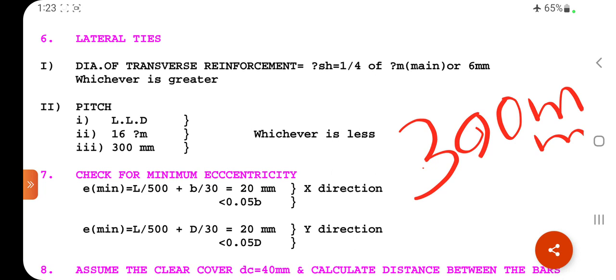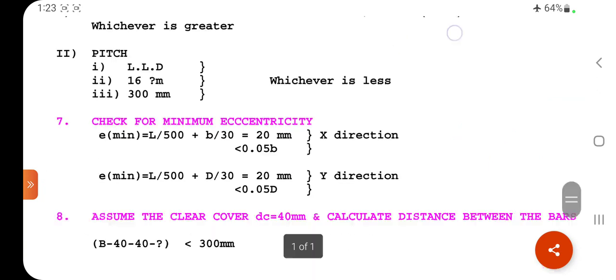Now the next check is the check for minimum eccentricity. The check of minimum eccentricity is given by two formulas.